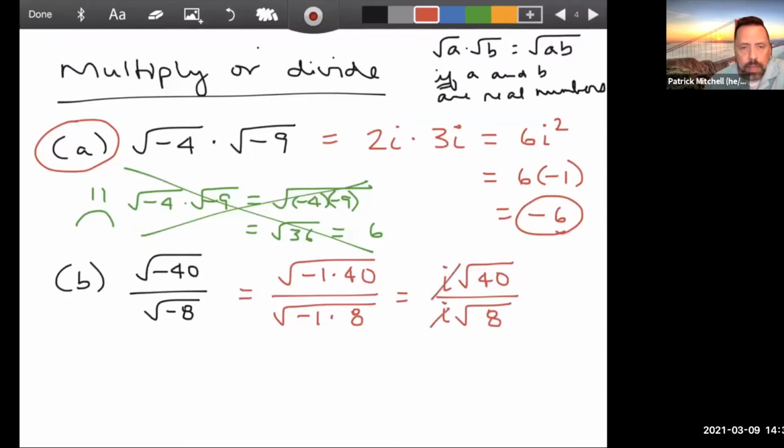So this ends up being the same thing as the square root of 40 over the square root of 8, which by the quotient rule for radicals, which does apply because the square root of 40 and the square root of 8 are real numbers, just comes out to the square root of 5. All right, so like I said, that one ends up being a little simpler.